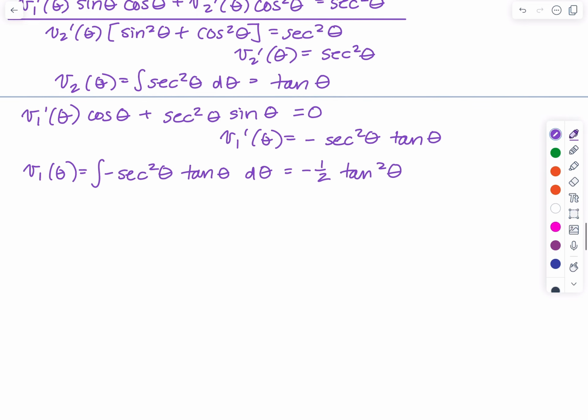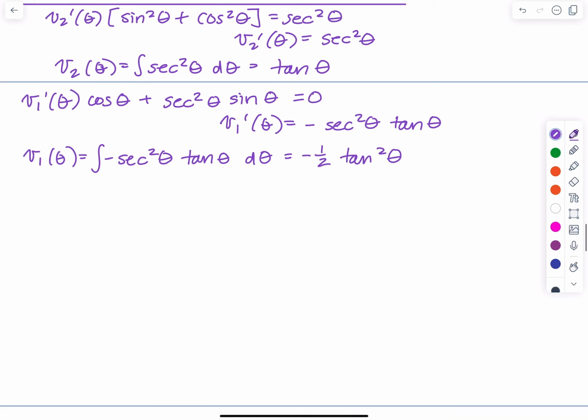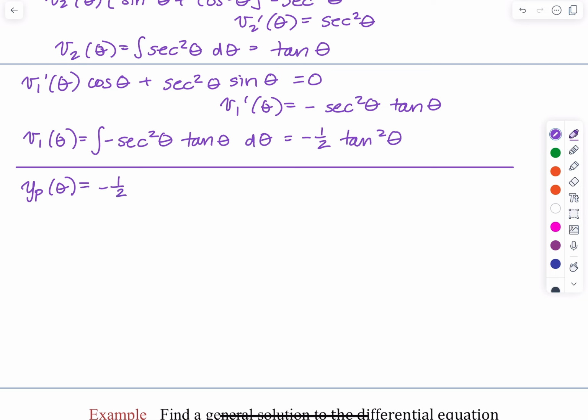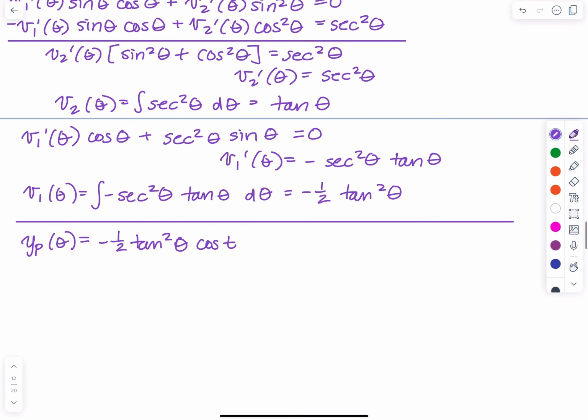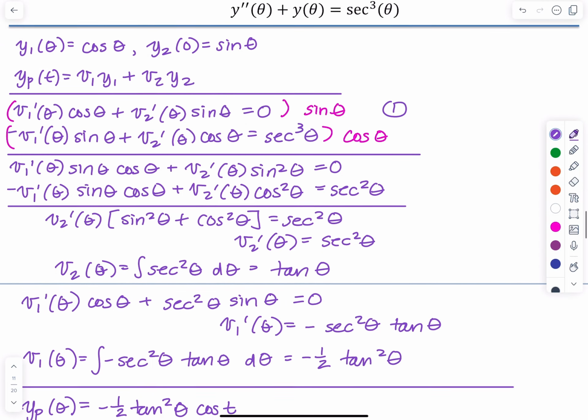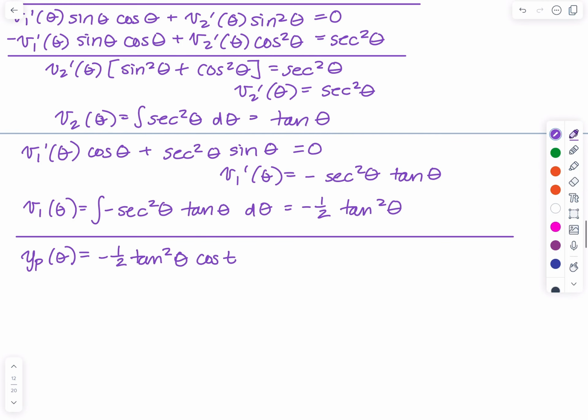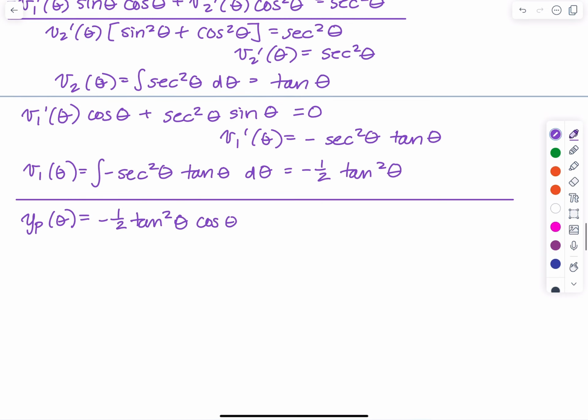So now we can write our particular solution as negative 1/2 tangent squared theta cosine of t. I think I used the t up here. I don't know why I did that. Should be theta. Plus the tangent of theta sine of theta.